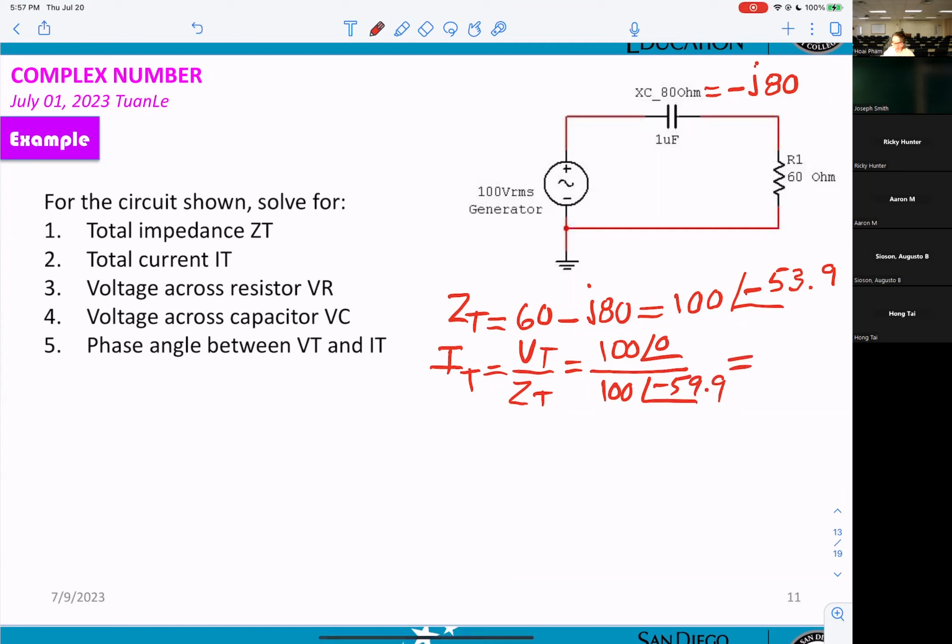So you get 1, and the angle would switch from negative to positive, right? Perfect.